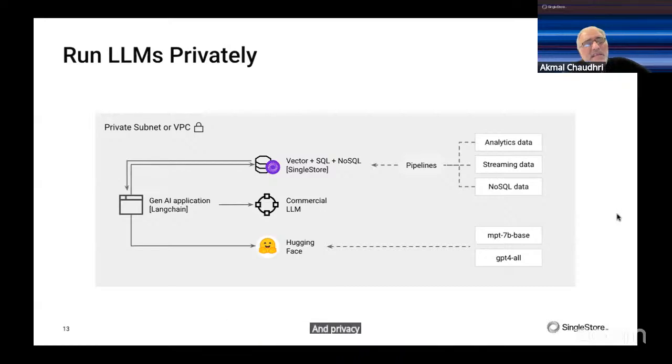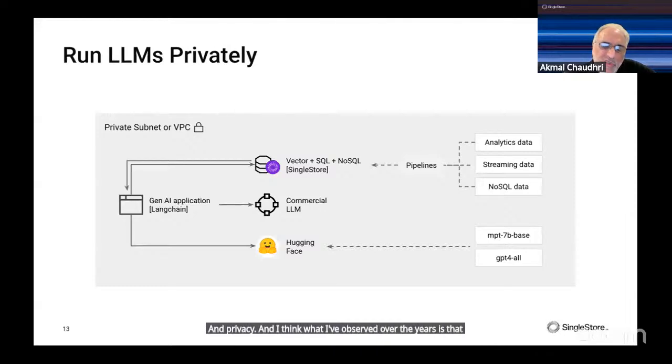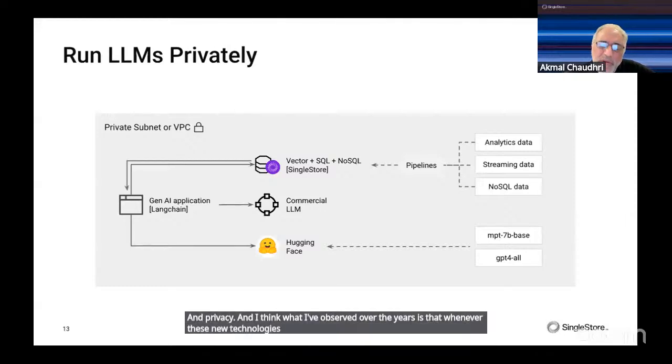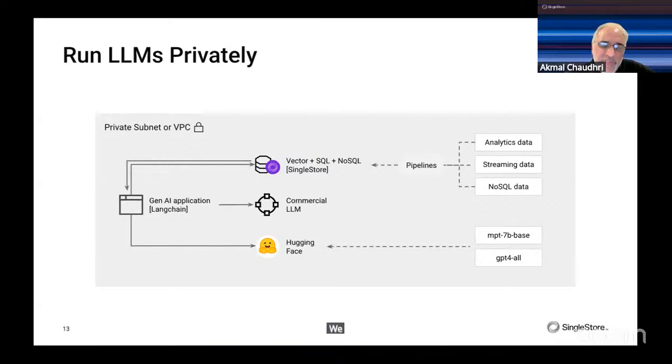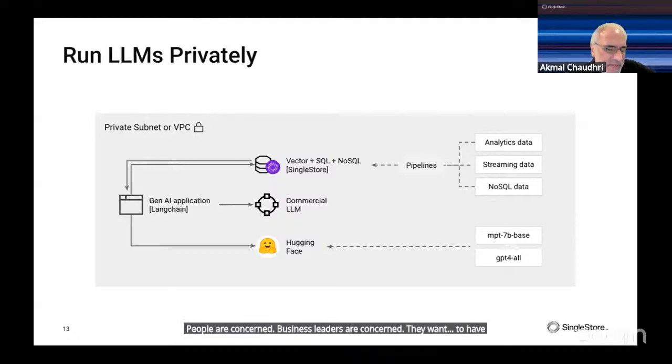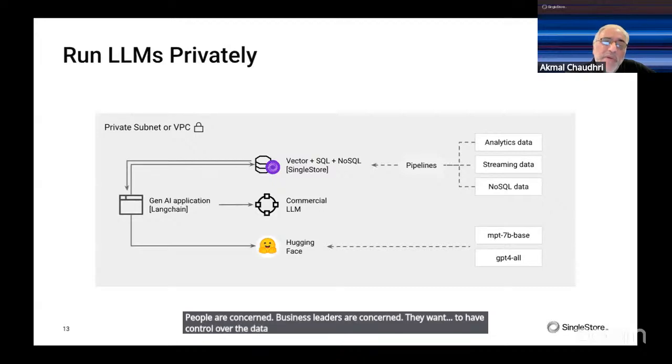Okay, so there are things that we have to think about, and privacy. What I've observed over the years is that whenever these new technologies come around, it's a bit like swings and roundabouts, right? We face the same issues and challenges over and over again. People are concerned. Business leaders are concerned. They want to have control over the data and to ensure that it's processed as they see fit.